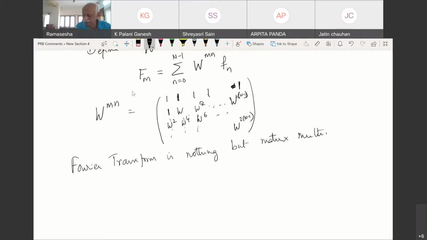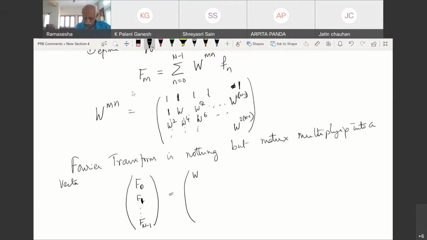So what I have is F0, F1 to Fn minus 1 is equal to the matrix with W to the power 0, W to the power 0, etc. And then this row is W to the power 0, W to the power 1, etc., up to W to the power n minus 1.